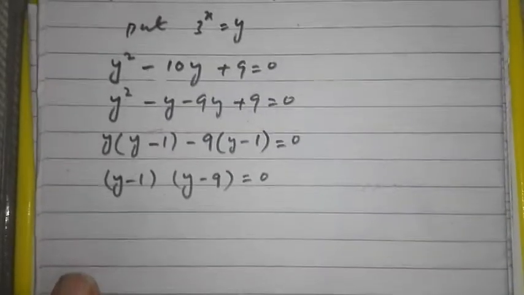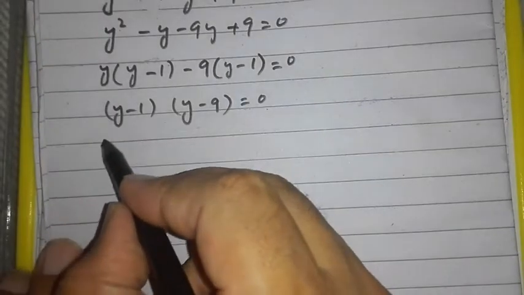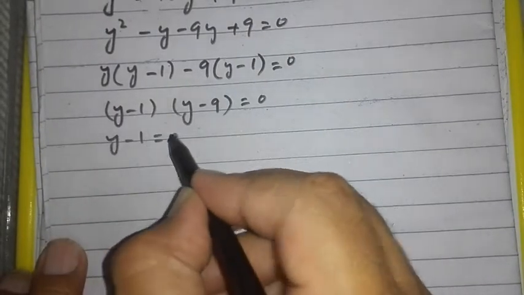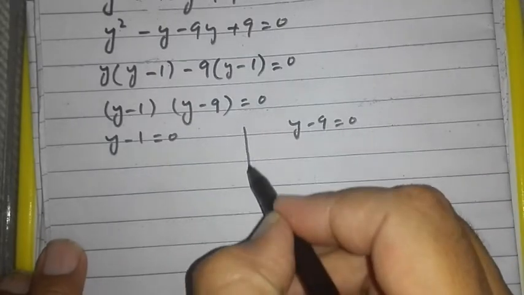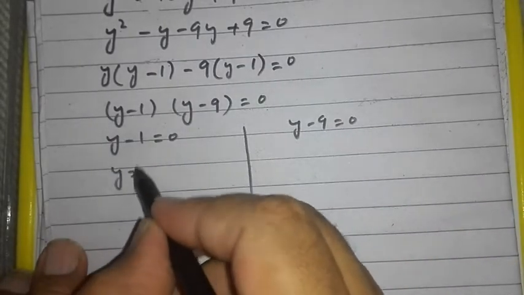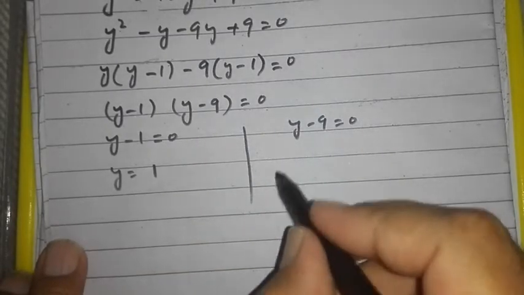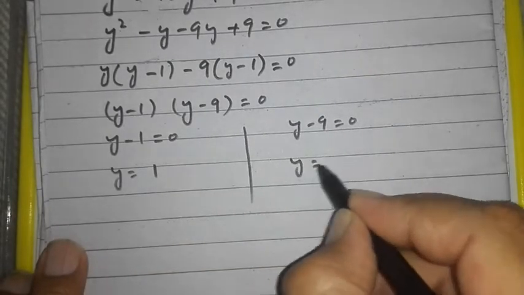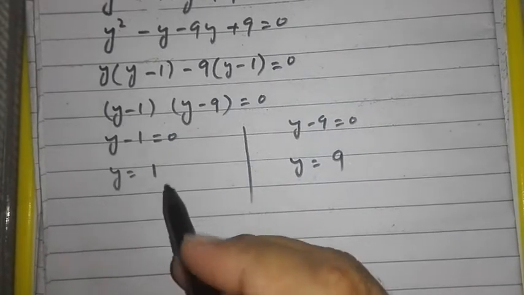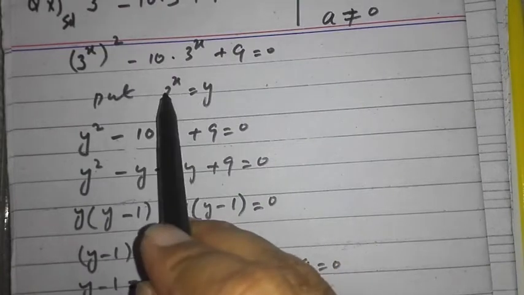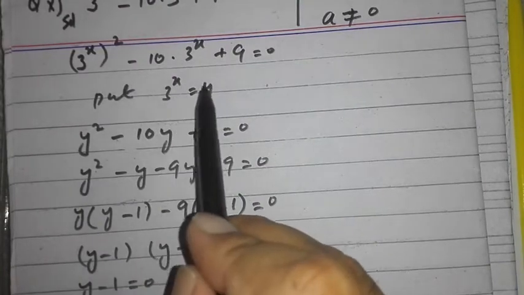Now take this y minus 1 equals to 0 and y minus 9 equals to 0. Shift 1 to the right side, it becomes plus 1, and 9 also becomes plus 9. Now look at here, we have supposed that 3 power x equals to y.